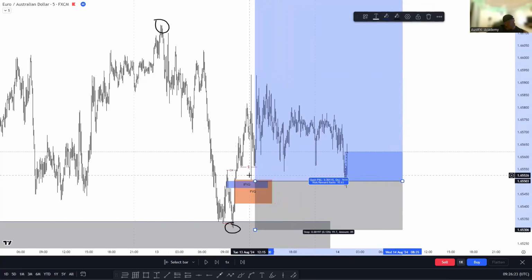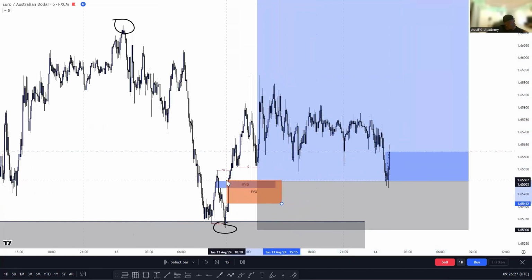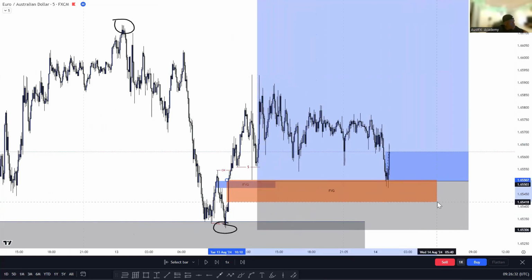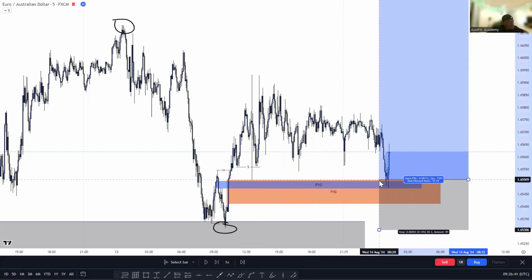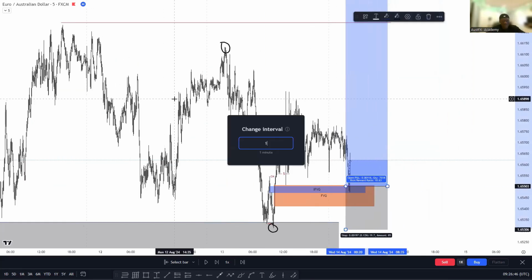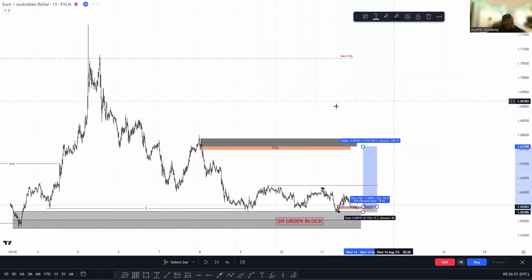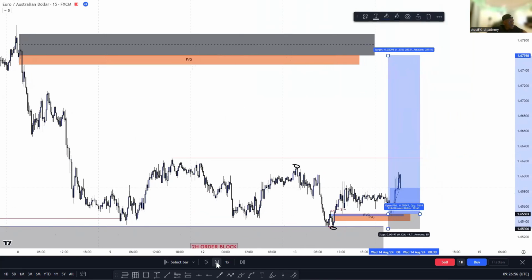This right here, price did not mitigate our entry because price came and kissed our fair value gap and did not mitigate our entry. So here price finally came down to tap us inside our fair value gap and also our inversion fair value gap. So this is exactly where price tapped us in. And let's see how price plays out.